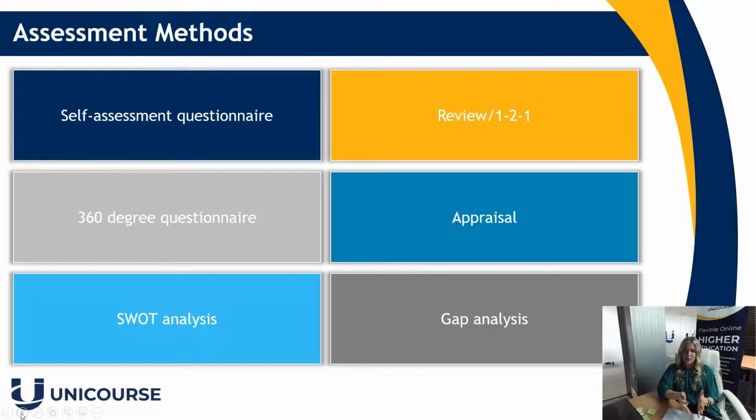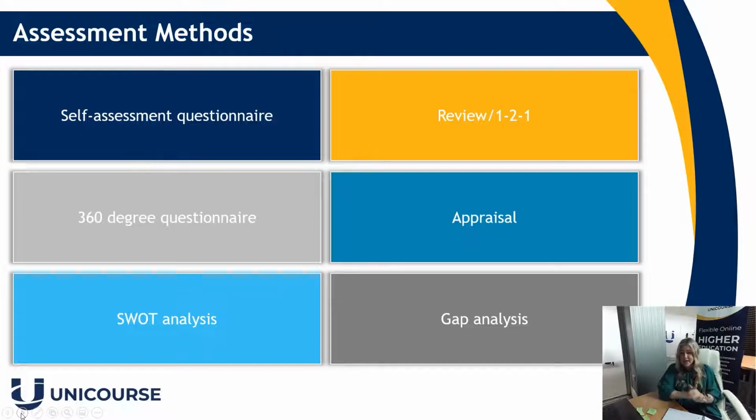If you want to go for the good pass, you want to make sure that your assessment is comprehensive. So when I'm saying comprehensive, it's looking at it from a few different angles, okay? So maybe you might use a past appraisal or a review, or you might even look at your job description and weigh it up as to where you are and what you're doing as part of your role.